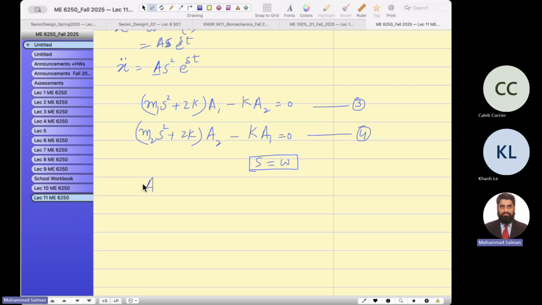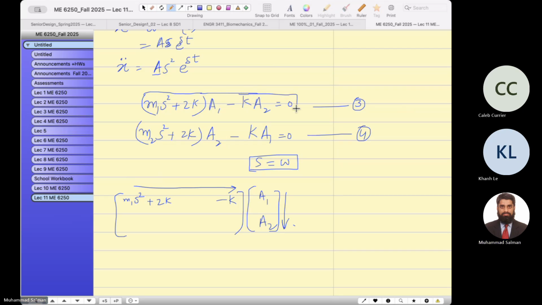I will say a1, a2 is the vector, and I can write this as a 2 by 2 matrix. Matrices are multiplied by rows and columns. So if you multiply this row and column, you will get this equation of motion. You agree with your professor?